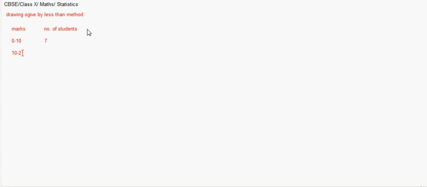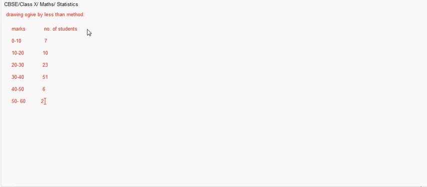Between 10 to 20 it was 10. Between 20 to 30 it was 23. Between 30 to 40 there were 51 students. And then 40 to 50 there were 6 students, and they have also given the data for 50 to 60, which is 2.